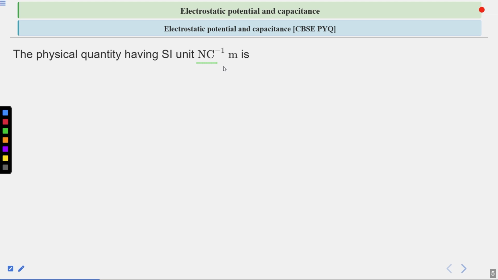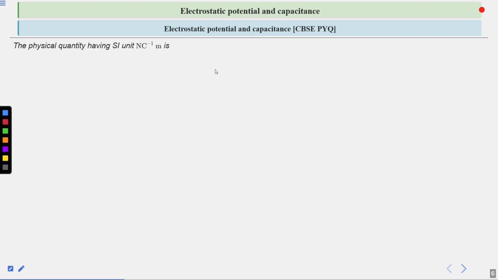I will give you some time to think about it. So the answer is electric potential, or potential difference, or EMF.